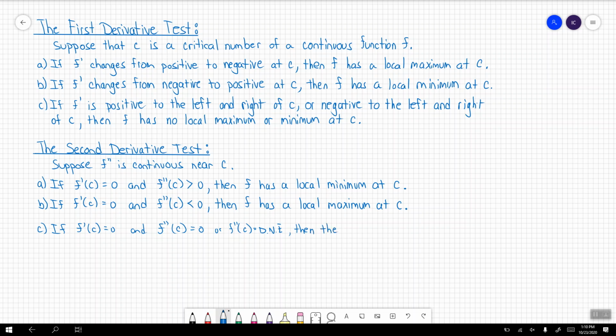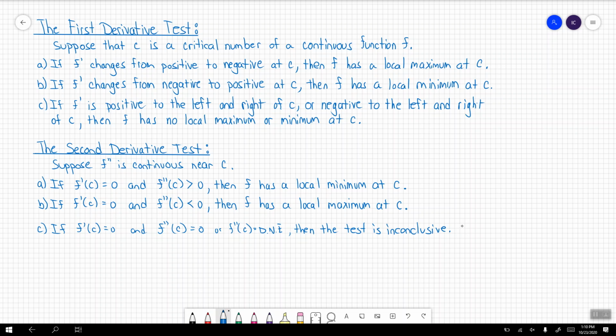Then the test is inconclusive. And we're going to have to then use the first derivative test in order to extract what is that value.